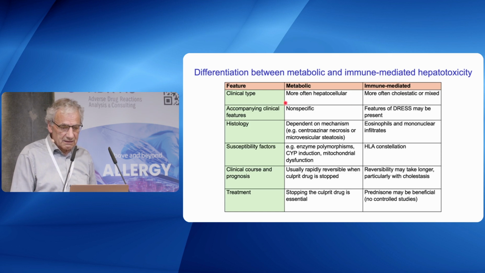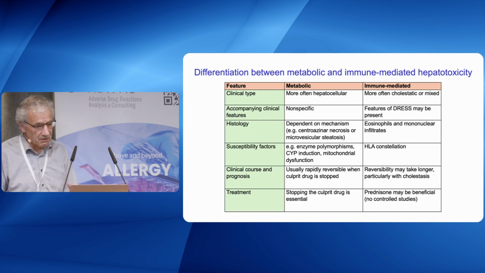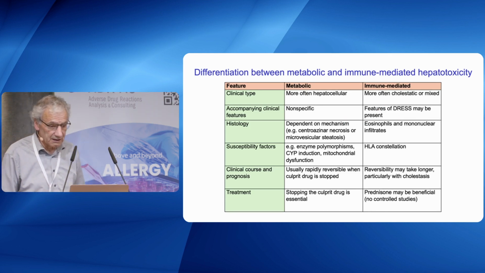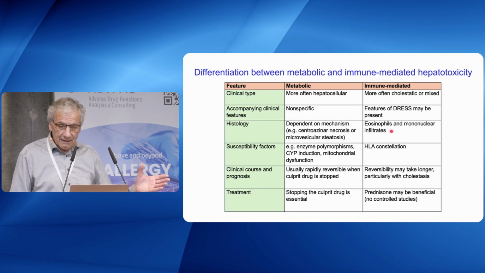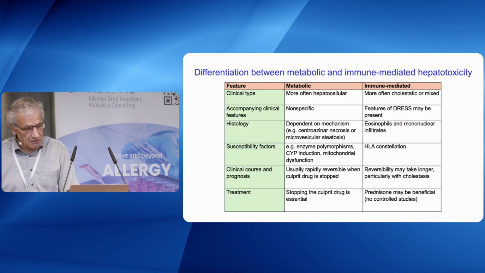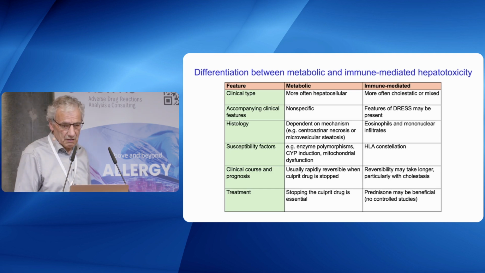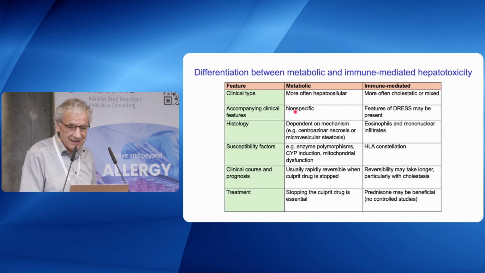And the clinical features, you have heard already much about the DRESS, and this may be associated with immune-mediated toxicity. Then the histology. You have seen histologies also from Werner. Eosinophils and mononuclear infiltrates are often seen, and we don't see that so much with metabolic toxicity. Here, the histology depends clearly on the mechanism.